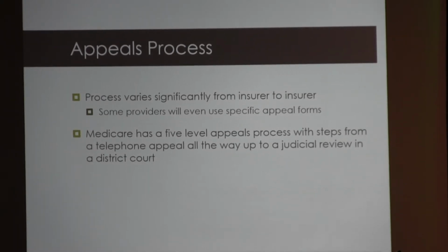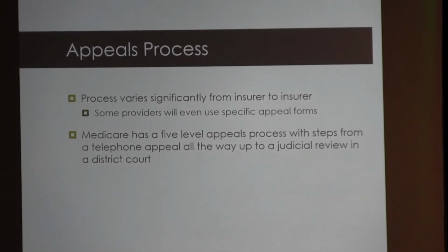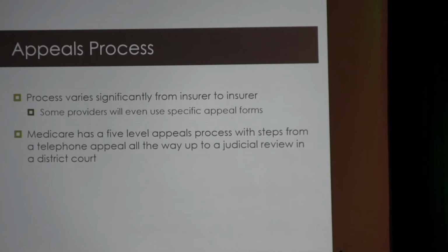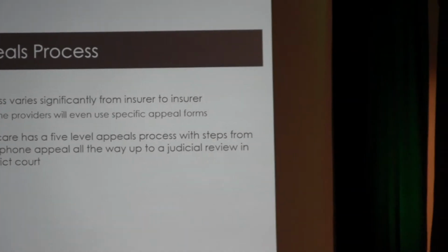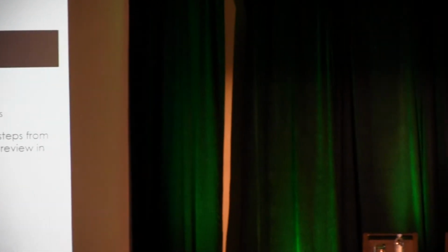It starts out with a peer-to-peer, where a doctor will receive a call from another physician employed by the insurance company. He will discuss the case with you, or he will ask you to justify why you're ordering a specific thing. And if he's not happy with the level of detail that you provide, then he will make a decision whether to deny the case or to approve the case.